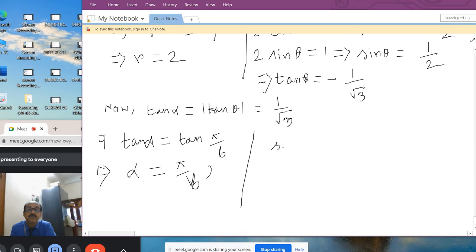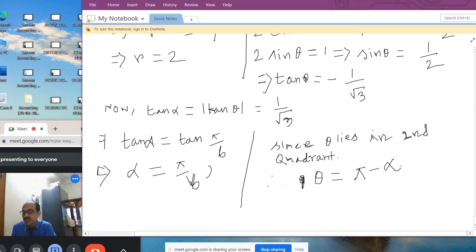So theta will be equal to pi minus alpha. Since theta lies in the second quadrant, theta equal to pi minus alpha.